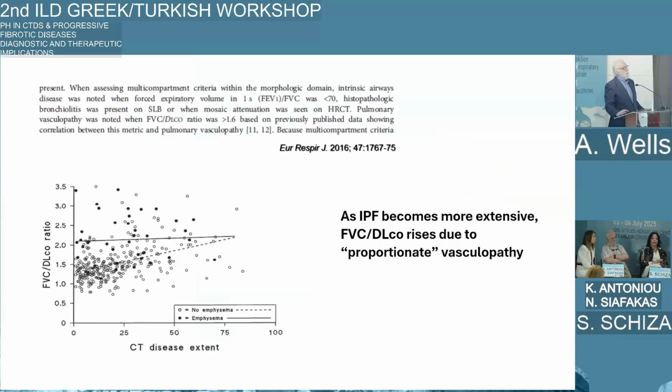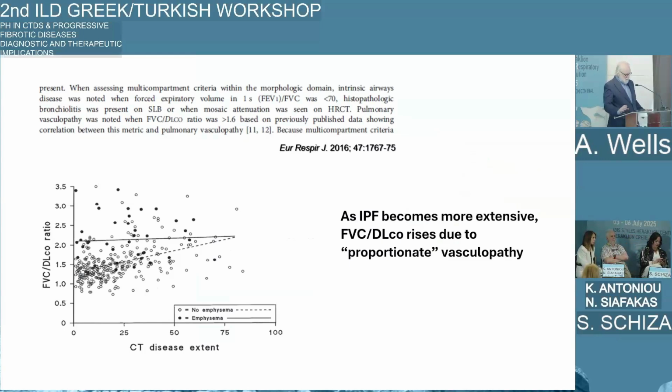Unexplained pulmonary vasculopathy, what did the authors do? They took the whole cohort. They used an inflexible FVC over DLCO ratio of 1.6, and they used that to specify that you met the multi-compartment criterion, and therefore many patients were categorized as IPAF.